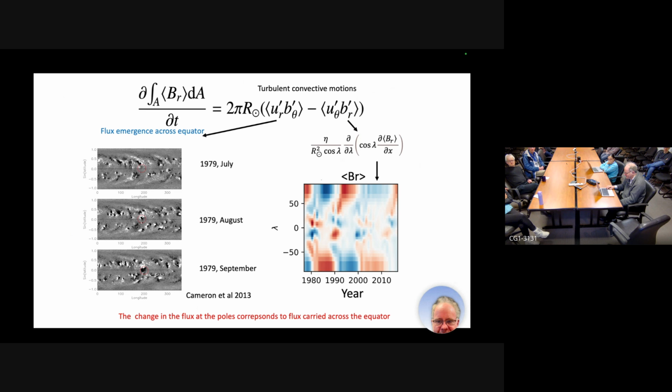So what happens when you do this? Here we look at the different ways the two terms contribute. First of all, you have a contribution from the U_r B_theta term, and this is when flux emerges across the equator.